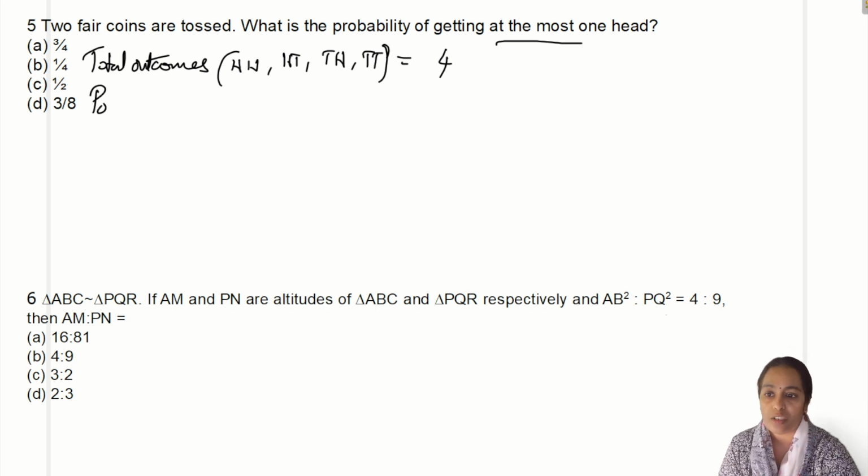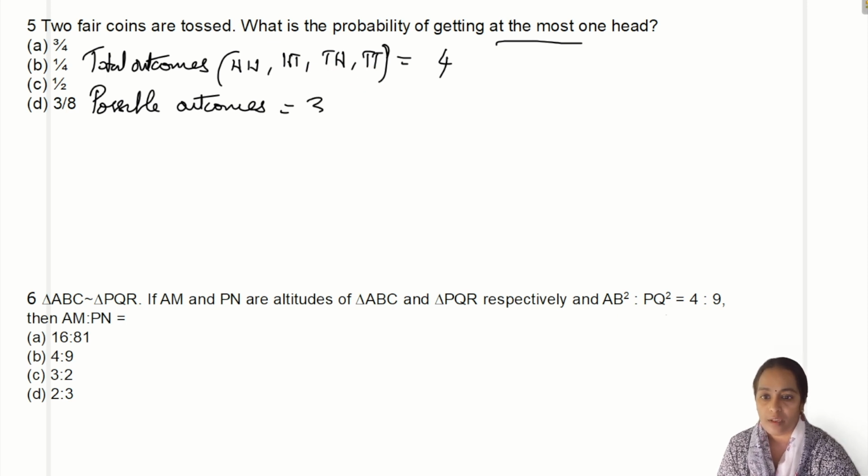So possible outcomes: less than or equal to one head, which means one head or zero head. So we have one head here, HT, TH, and TT is also there, zero head. So possible outcomes is going to be 3.